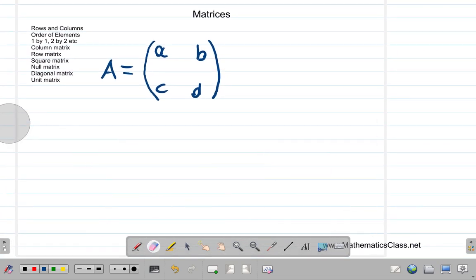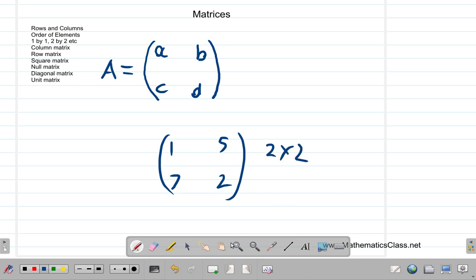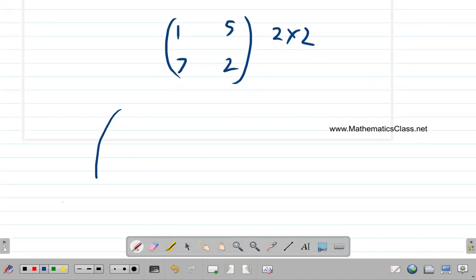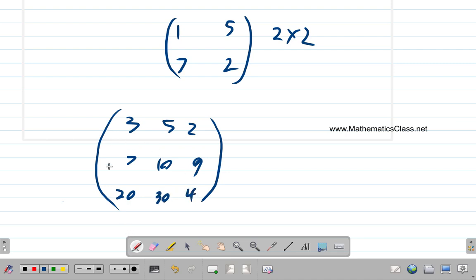Now, let's look at a few other things when we're dealing with the topic of matrices. When you have a matrix looking like this, you have 2 rows by 2 columns. This is a 2 by 2 matrix. When you have a matrix looking like this, this has 3 rows and 3 columns. This is a 3 by 3 matrix.